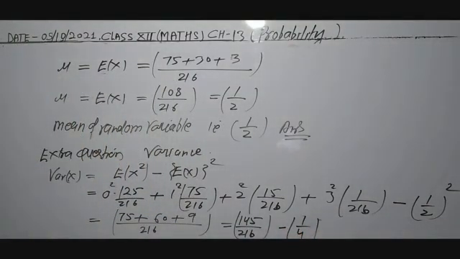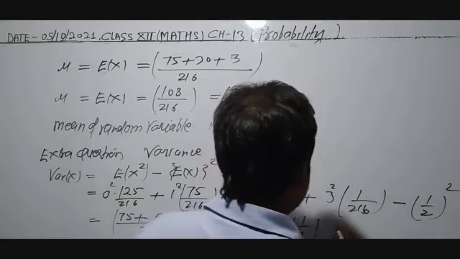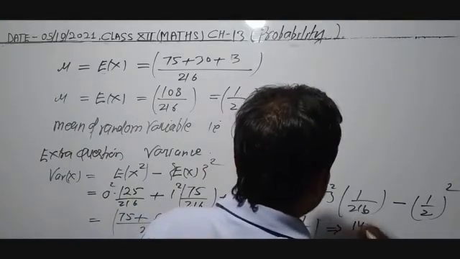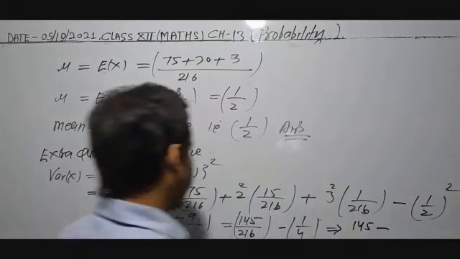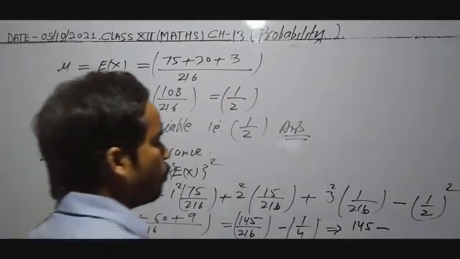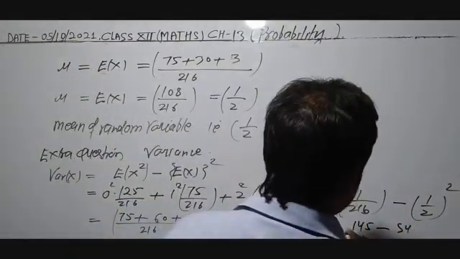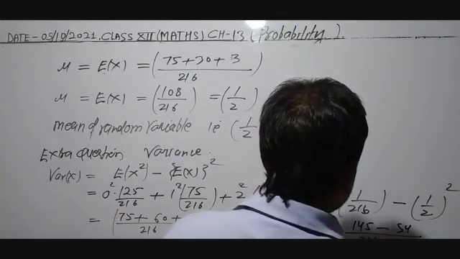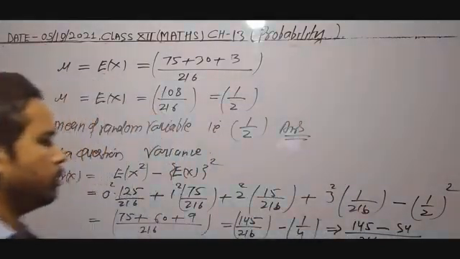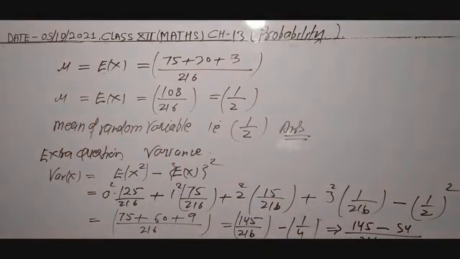So the variance of x, when you take the LCM 216, is 145 minus 54 upon 216, since 1 by 4 is 54 by 216.